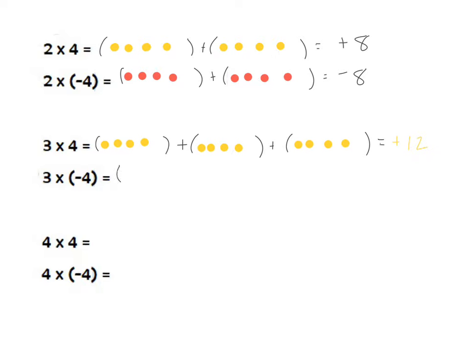Three times negative 4, we're going to do the same thing. We're going to do 3 groups that we're adding together, and each of the groups contains negative 4. And in the end, I should end up with negative 12.